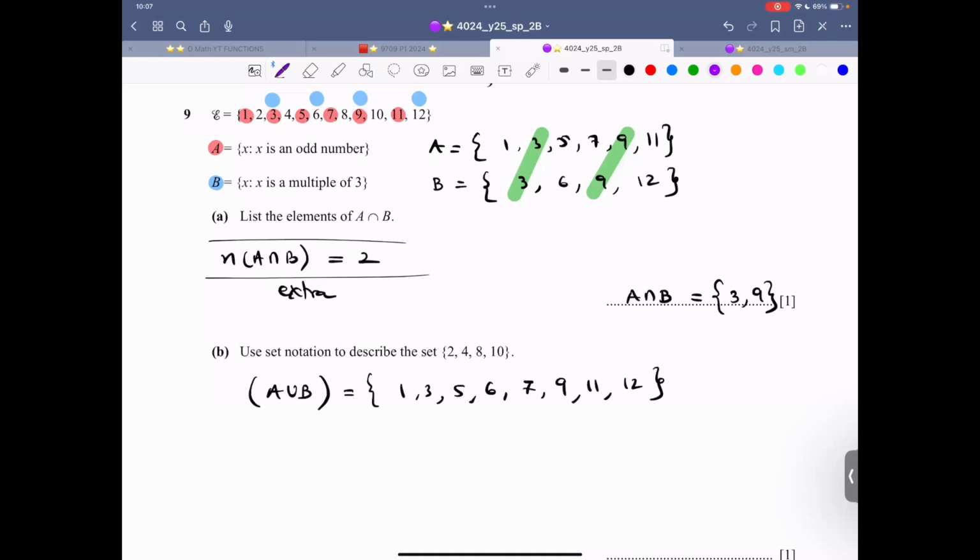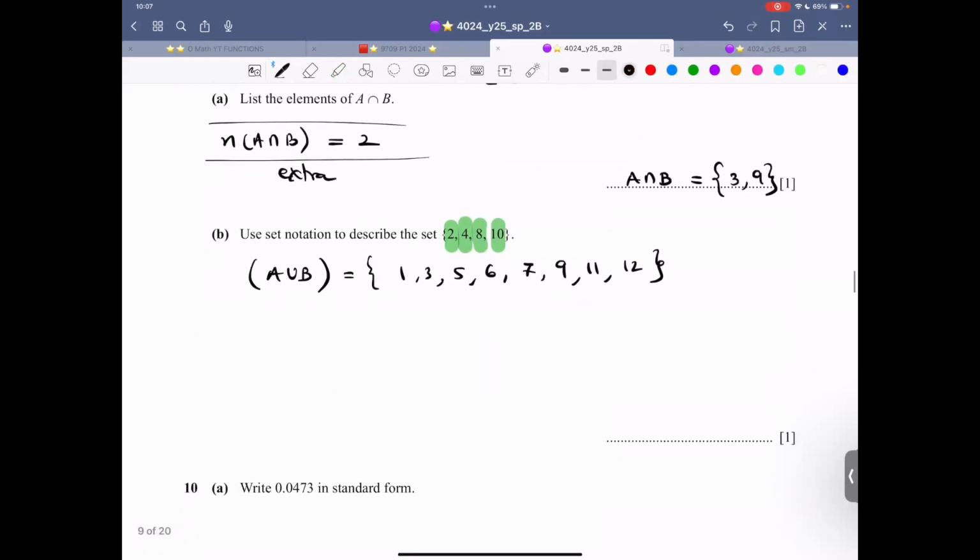Now what is left? 1 is taken, 2 is left. Let me use another color, green. So 2 is left, 4 is left, 8 is left, 10 is left.